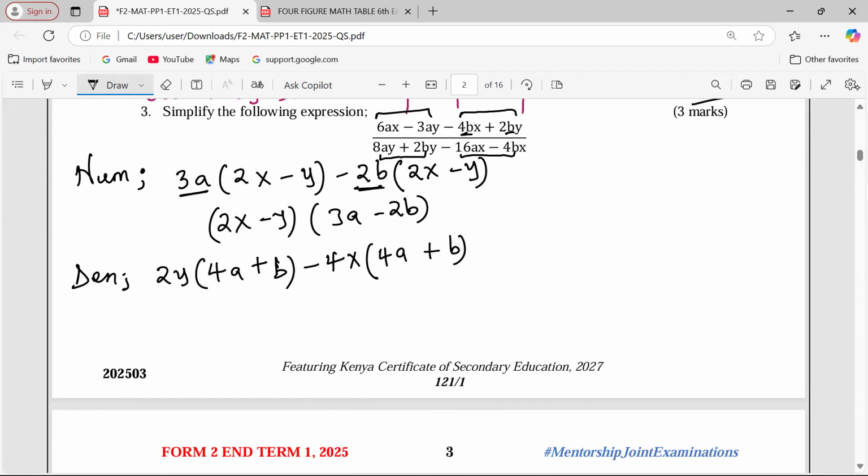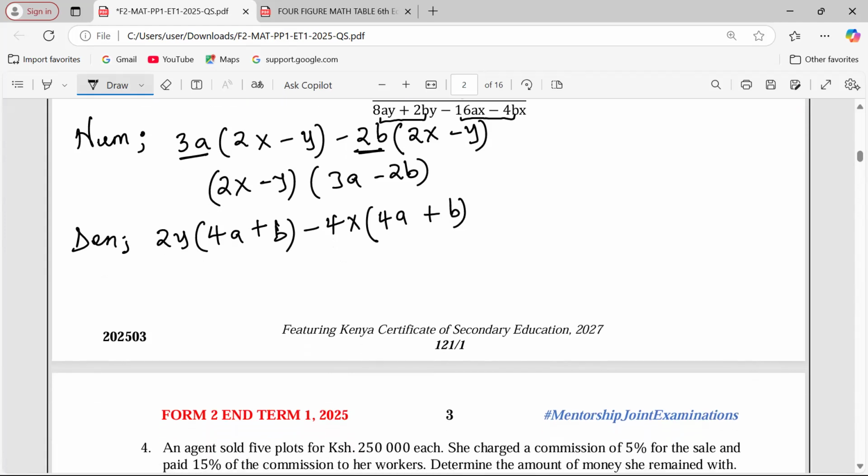Yeah, 4a plus b. Now, to fully factorize the denominator, we have to pick what is common in the brackets. Then outside the brackets, we're having 2y minus 4x. That way.